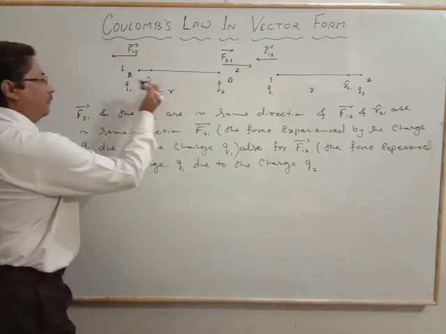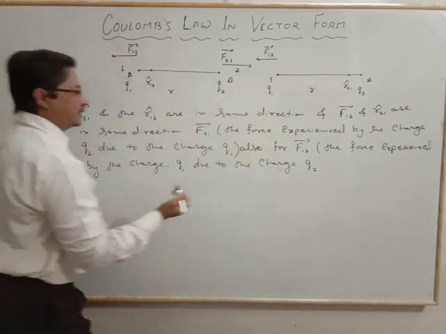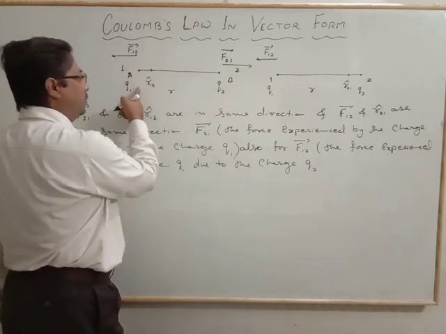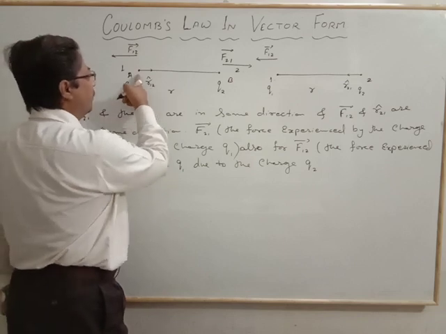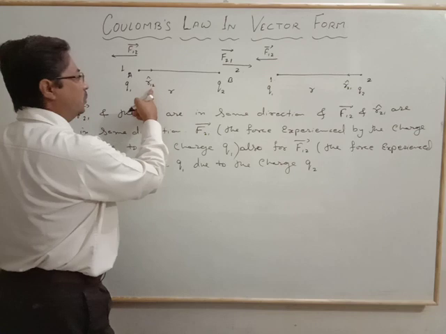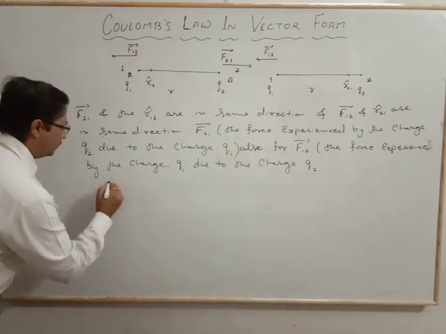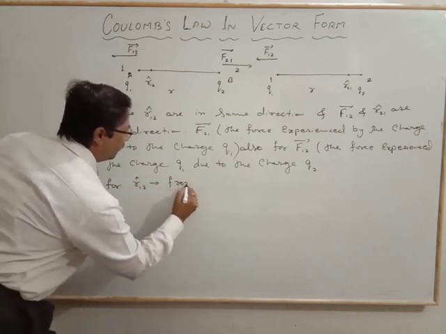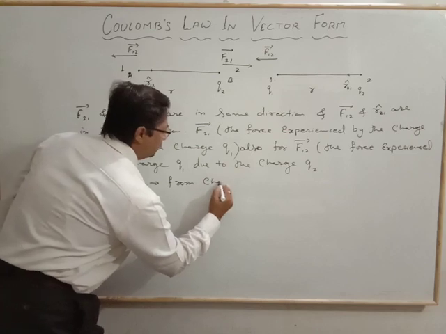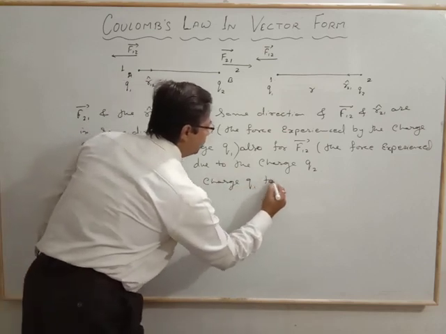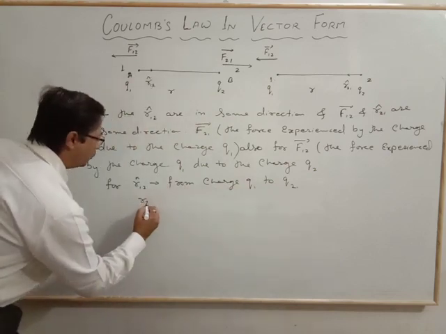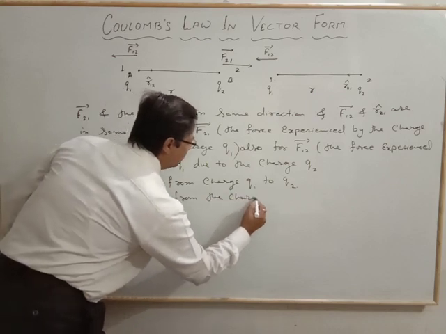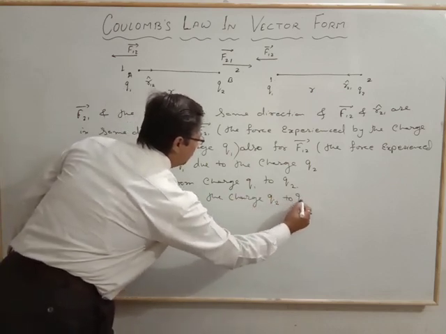Now also, if we consider the unit vector, R12 represents the direction from A to B, that is from charge Q1 to Q2, and like that R21 is from the charge Q2 to Q1.